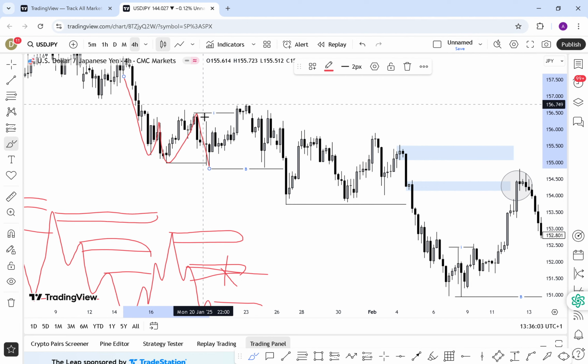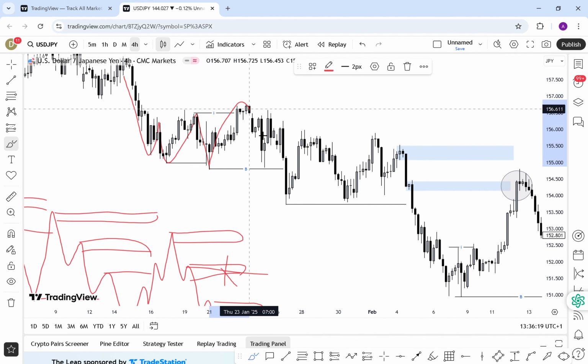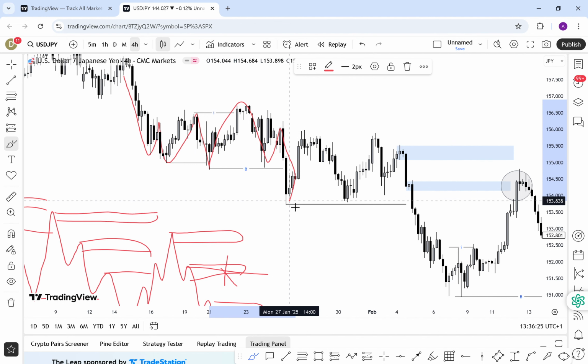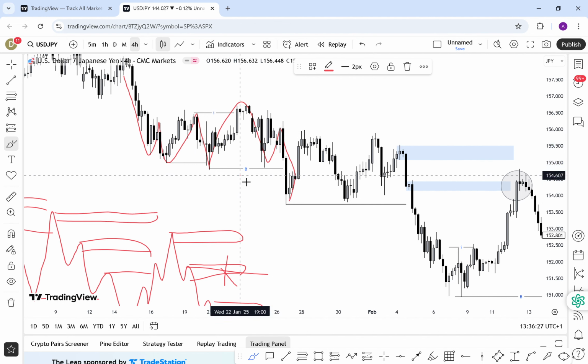You can see that this is our last high, and the market decided to take out this high. After that, the market mitigates, sweeps this high like this, then drops. So it's better you wait for something like this to happen, then confirm this level as a break of structure.